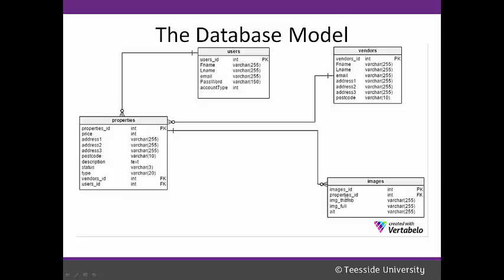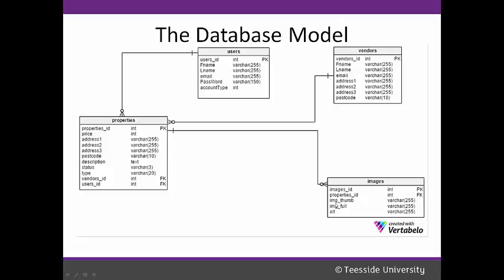We have the properties ID inside of images, so we can understand the relationship between a particular property and the image that is stored for that property. So this provides us with the ability to store not just one, not just two, but an unlimited amount of images per property, because we can trace back the owner in effect of the image.